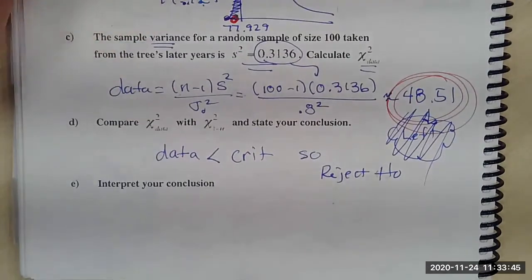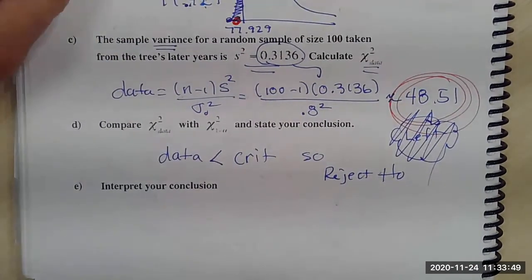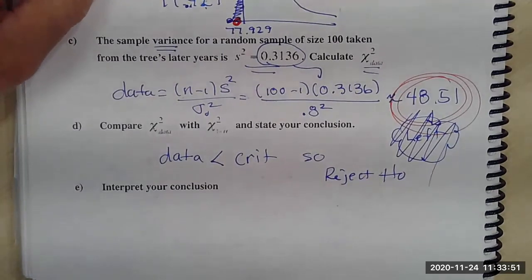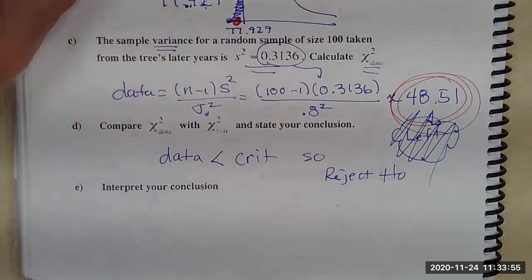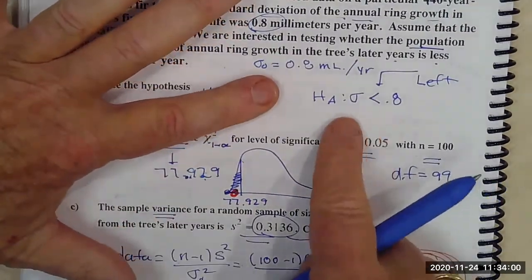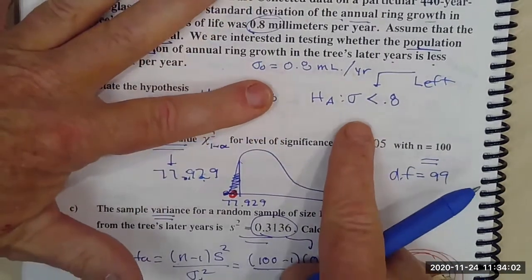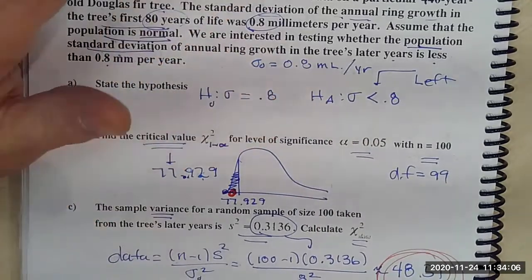All right, interpret or summarize, or conclusion. So if I reject the null, then there's not enough evidence. No, excuse me, there is enough evidence. If I reject this, I don't want that. This is what I'm trying to show. So there is enough evidence, and then you put that in words at the end.